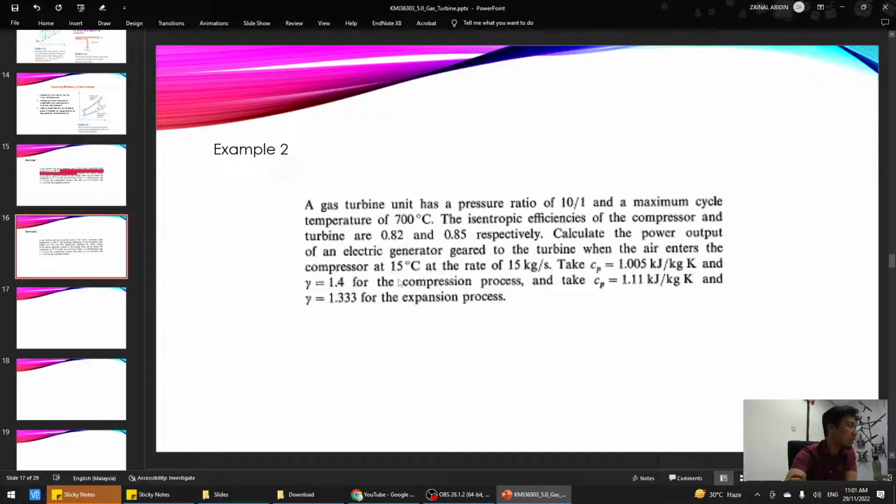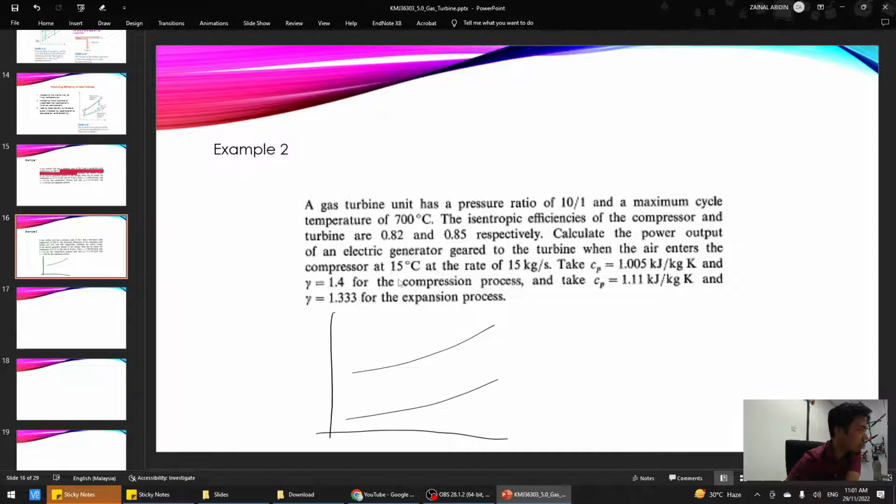Kalau saya lukis balik graf ini, okay, here we go. Ada dua line pressure yang sama, sini 10, sini 1. T1 intake masuk 288 Kelvin. Dan T2 di sini, berapa tadi kita kira? T2 kita kira 556 Kelvin.